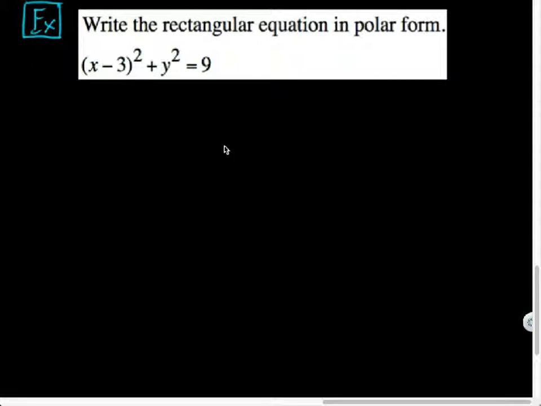All right. Now, if I want to replace this x and y, what tactics do I have to do that? Well, what formulas relate x and y to r's and thetas? I know that x is equal to r cos theta, and I know that y is equal to r sine theta.